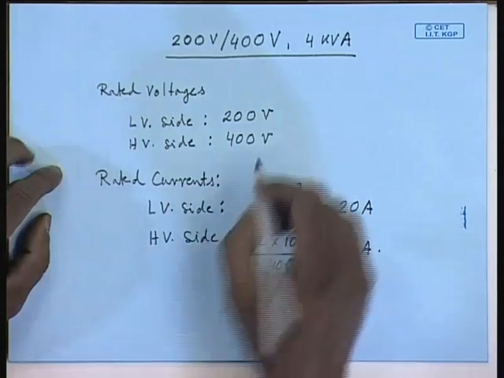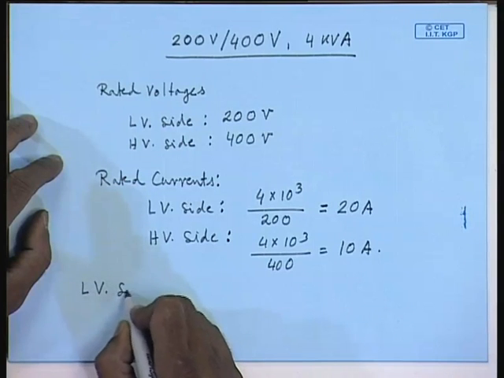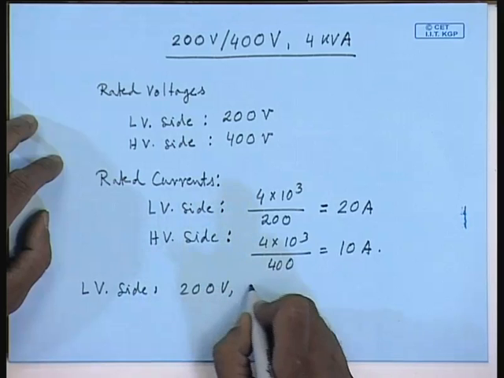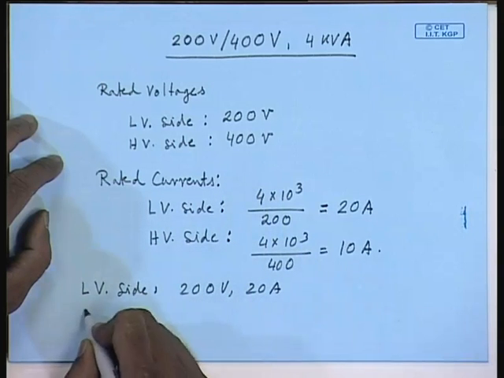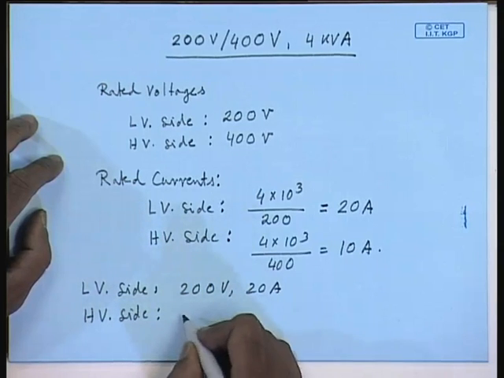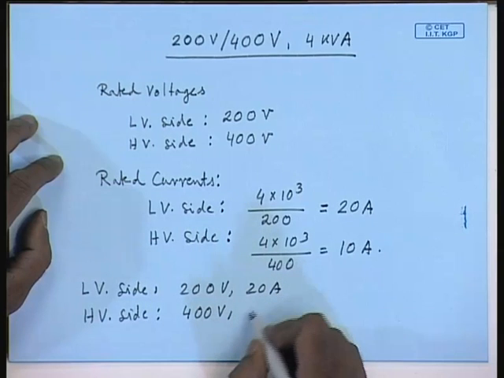So, for the LV side, ratings are 200 volt, 20 amperes. For the HV side, rated voltages are 400 volts, 10 amperes.